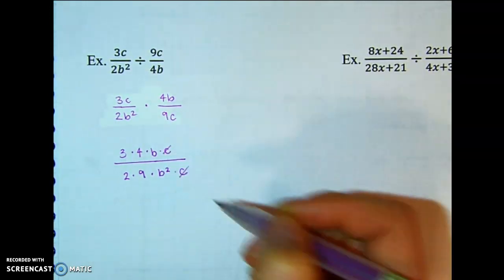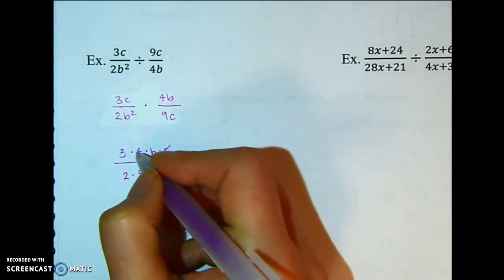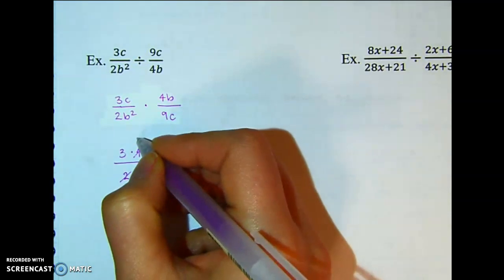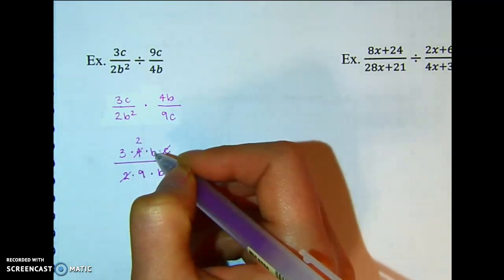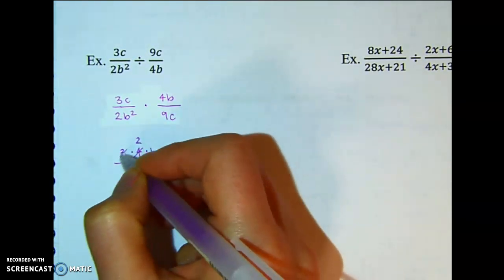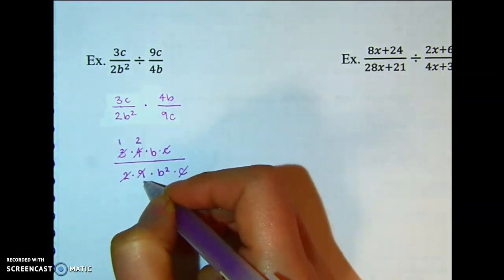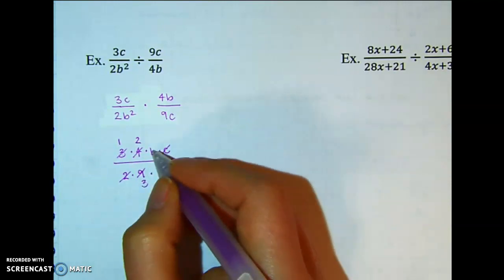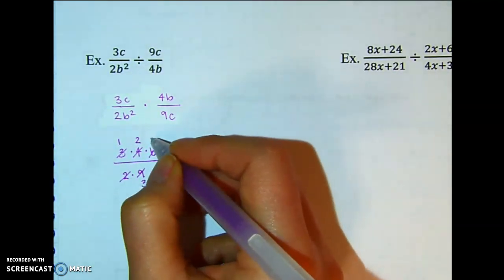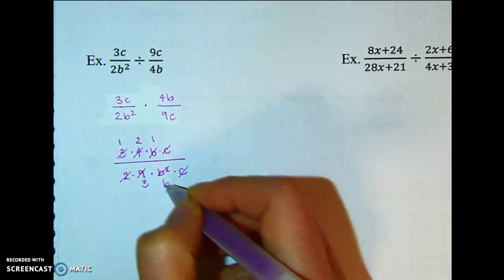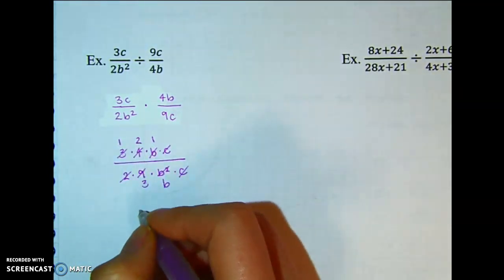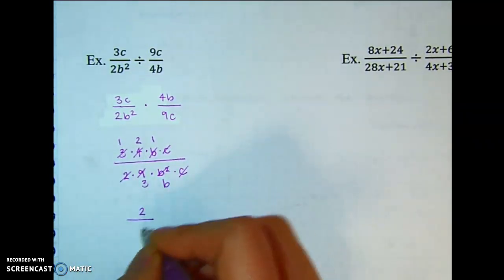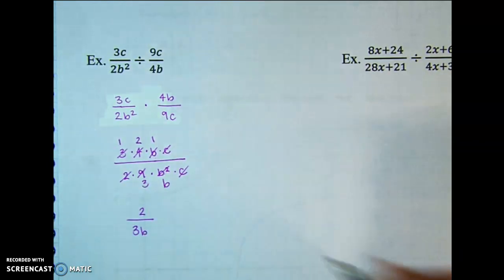So the c's would cancel. 4 divided by 2 is 2. And 3 divided by 9, this will be 1, and this will be 3. So then I have 1 times 2 times, and then if I have a b squared over, this will be 1, and this will become b. So my numerator, I'm left with the 2, and then denominator, I'm left with the 3b.